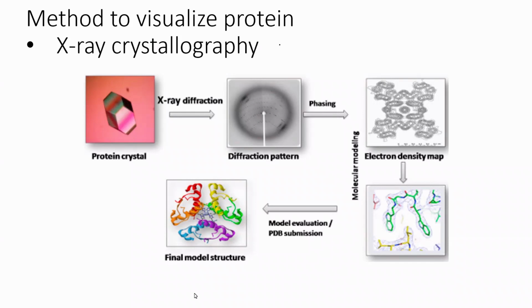So this is how we end up getting the protein structure. But right now, not just X-ray crystallography, we also have electron microscopy available for protein structure determination.